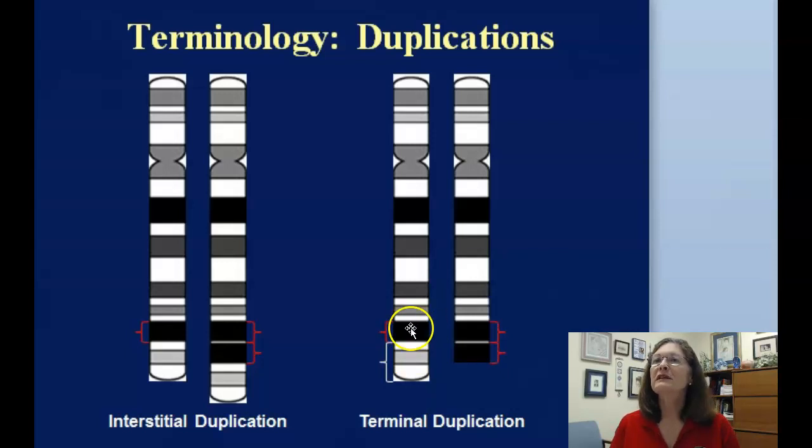And this region here, this dark band, is duplicated. In fact, many of the people with distal terminal deletions have a little bit, not anywhere near as big as shown here, but a little bit of a duplication right at what you'd think of as the healing point of the abnormal chromosome. So you may see that in the literature or described in your reports as well.